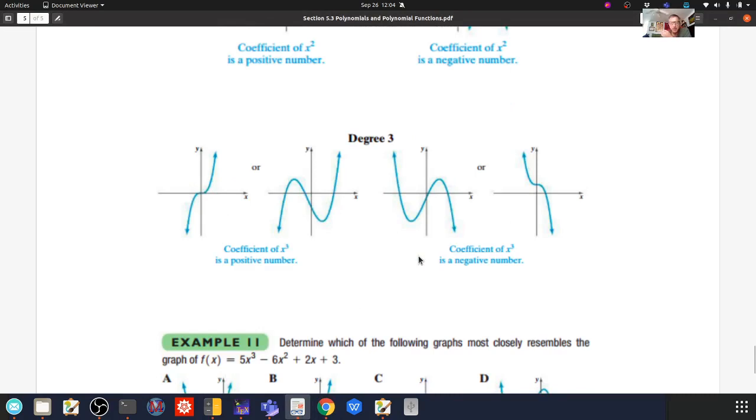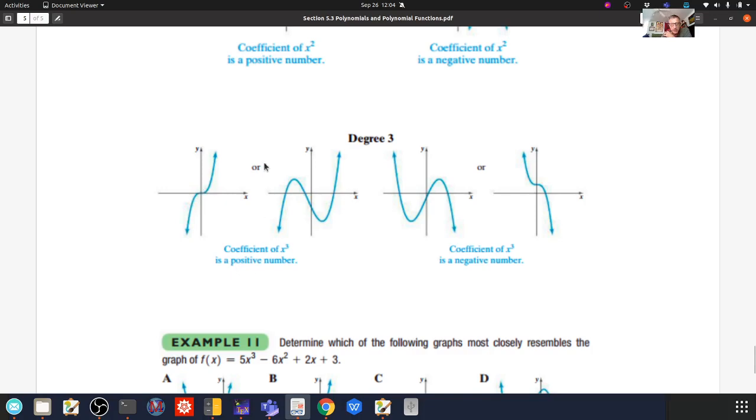So degree 3 polynomials. The coefficient of x cubed, notice, it's kind of like you have half of a parabola, but instead of going up in the positive direction, you keep the same form, but you start going down.